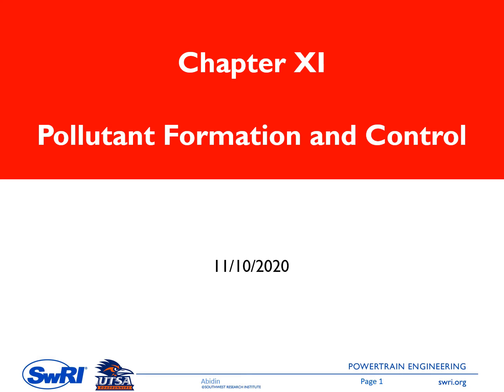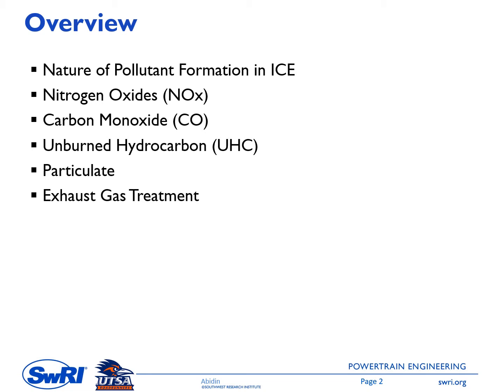The title is Pollutant Formation and Control. This is the content of chapter 11. The first subtopic is nature of pollutant formation in internal combustion engines. And then we'll discuss one by one each type or each species inside the pollutant of internal combustion engine.